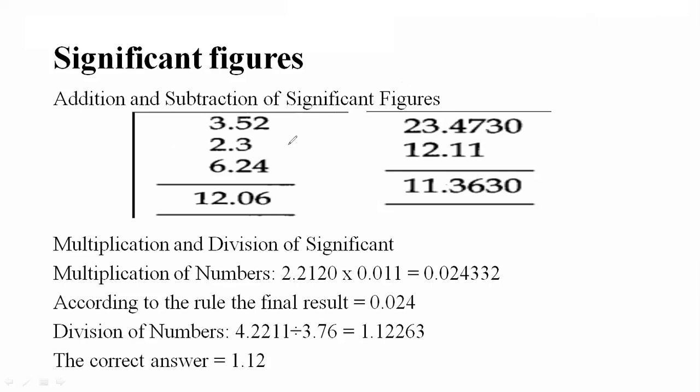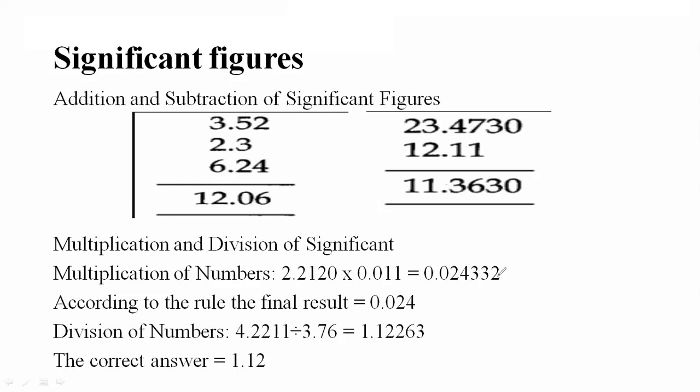Then multiplication and division. In multiplication or division, the final result should be reported up to the same number of significant figures as present in the least precise number. For example, they have given 2.2120 into 0.011. So the answer is this much. You have to mention it by the precise number. See, 0.024 is there.